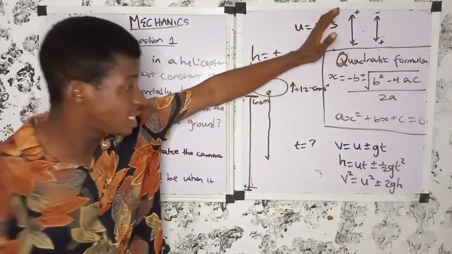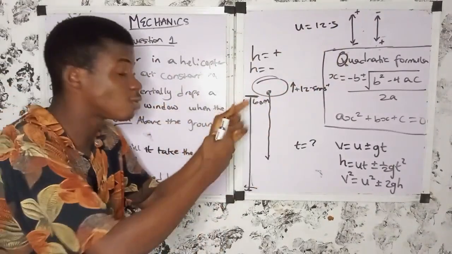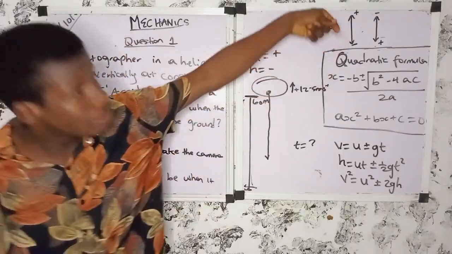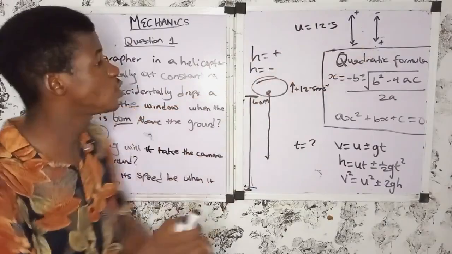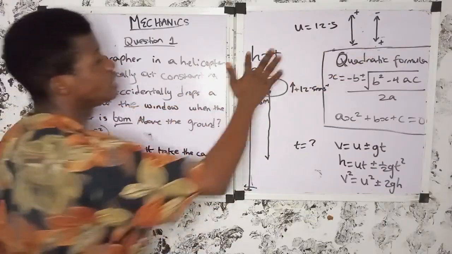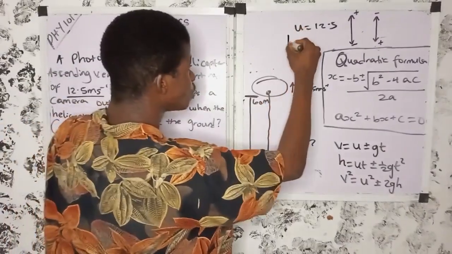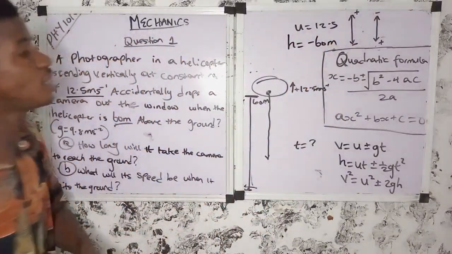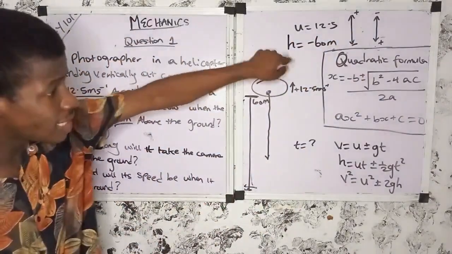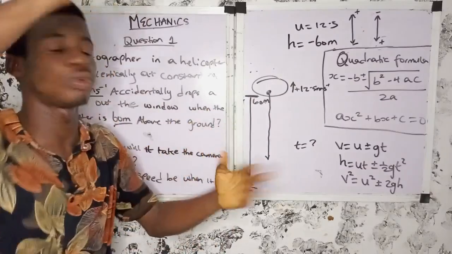Since we are using the first coordinate, and the camera is falling downward from a height of 60 meters, and going downward in the first coordinate is usually negative, the height will be negative. So h, or displacement, will be minus 60 meters.